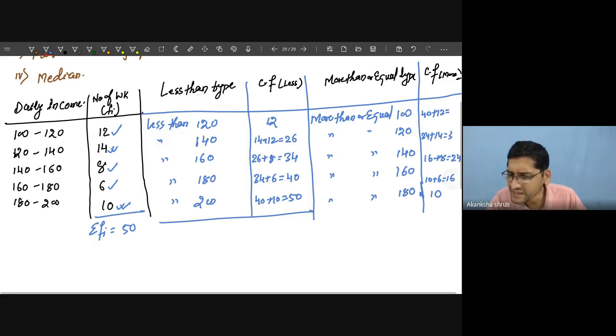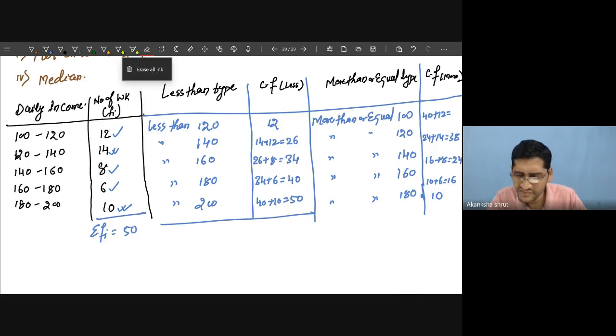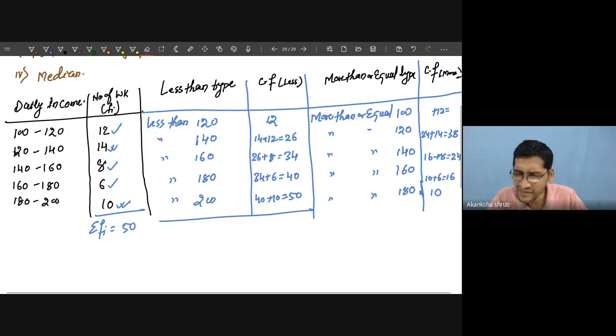So 38 plus 12 becomes 50. So you will observe that the two numbers will always match. Okay, it is this one.